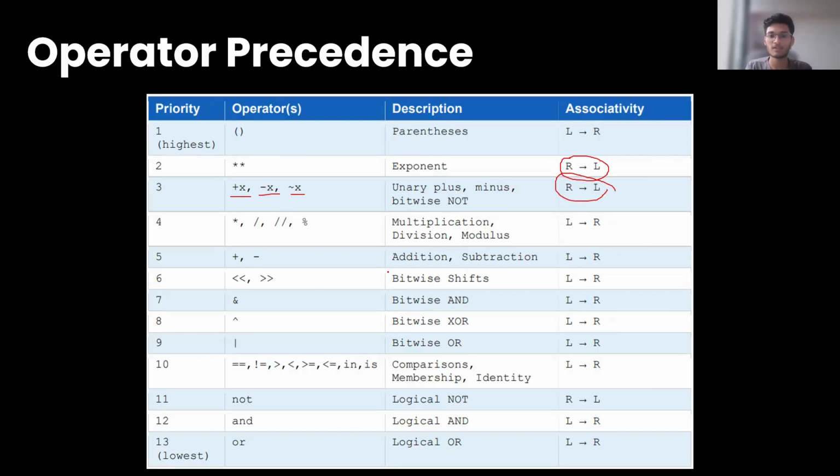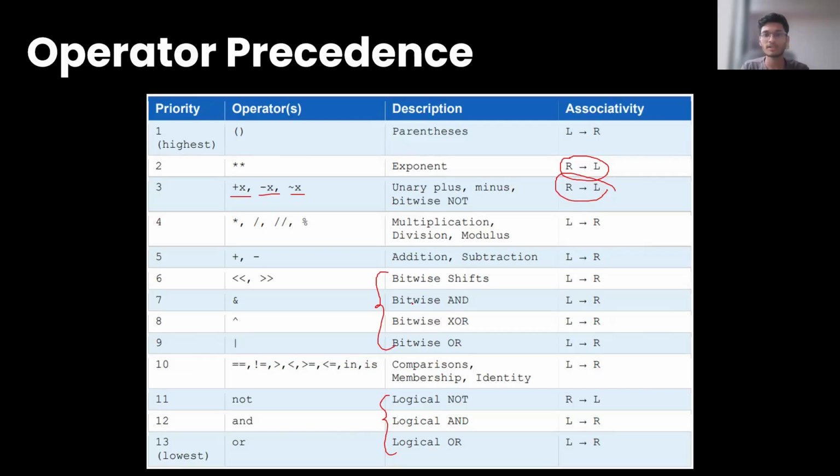Then we have all the bitwise operators except the bitwise not: bitwise shift, bitwise and, XOR, or. Then we have all the comparison, membership and identity operators. And then all the logical operators at the last. The lowest priority is the logical or. Okay, so I hope you understood this operator precedence. This is something you have to keep in mind.